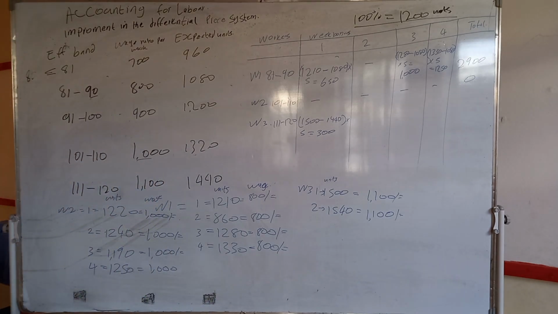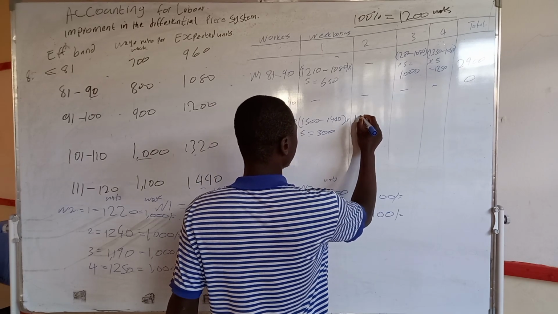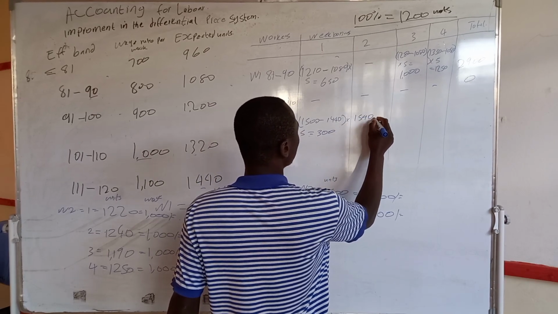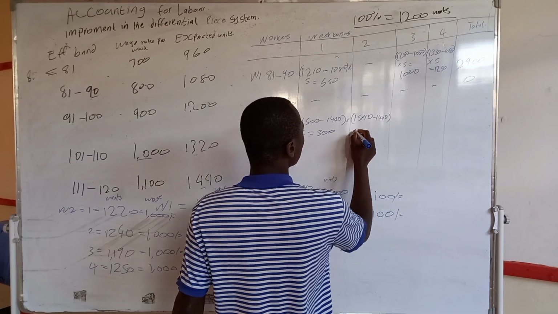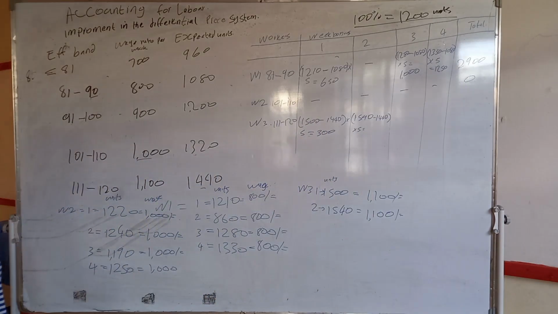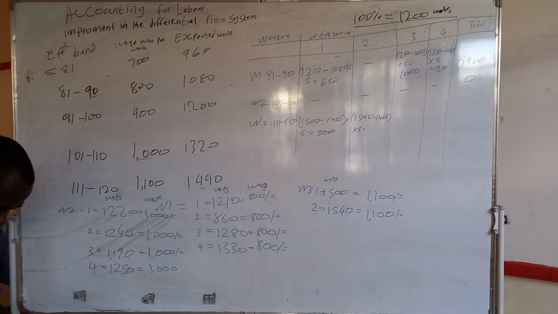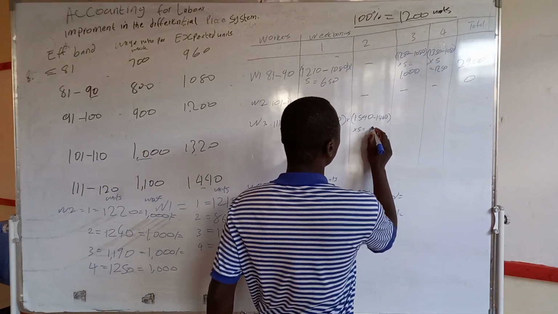Any bonus? Yes, he surpassed the 1,440. So here, the bonus will be 1,540 minus 1,440, everything times 5. You get 100 times 5, you get 500. Here 500 as a bonus.